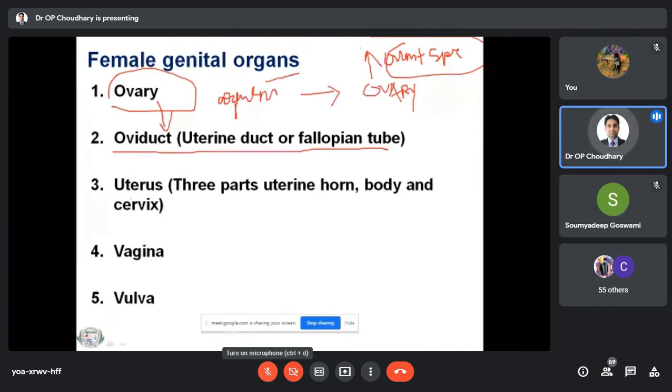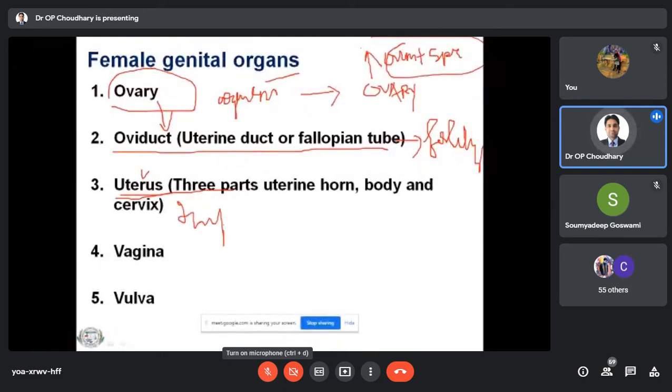Then third part is the uterus. I already told you that the oviduct is the part for fertilization. Then uterus is the larger, main part of the female genital organ, and this uterus is mainly for implantation.